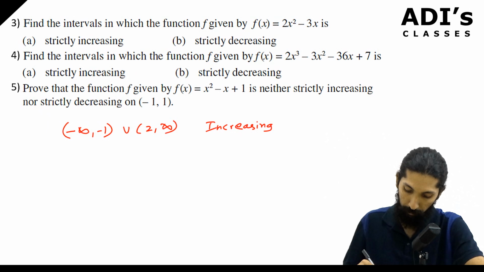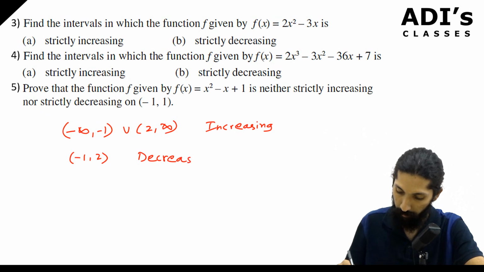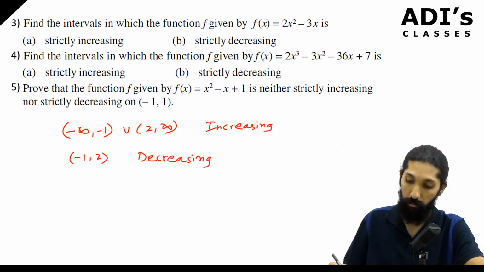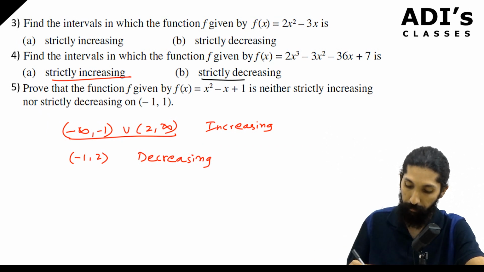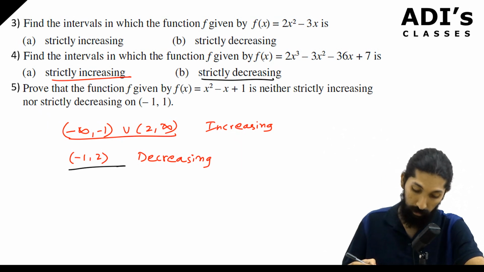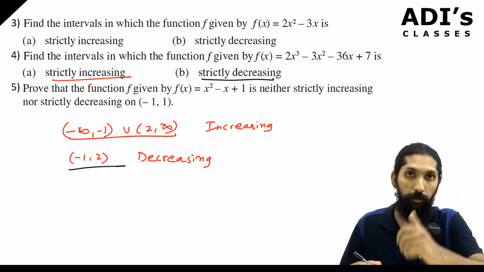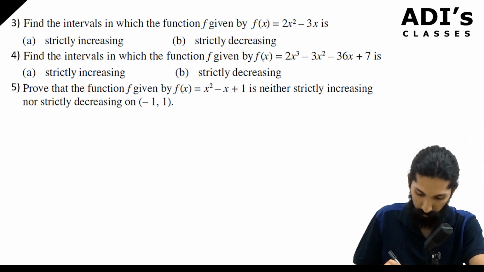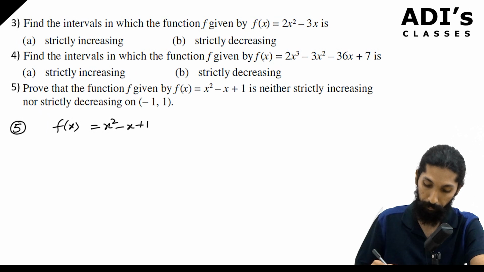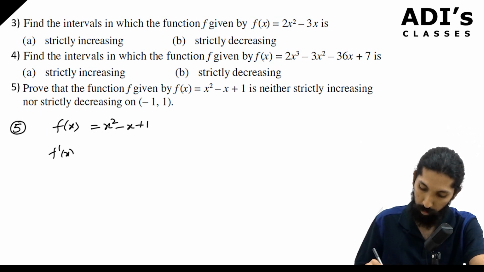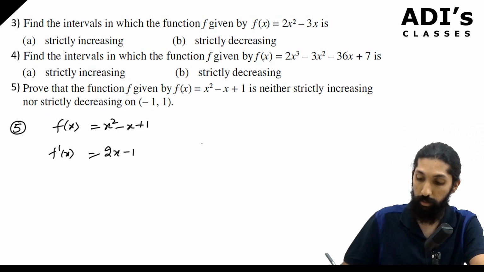In a strictly decreasing function, here we have x1 less than x2, but f of x1 is strictly greater than f of x2. So here we are going to have a graph which is maybe something like this one.